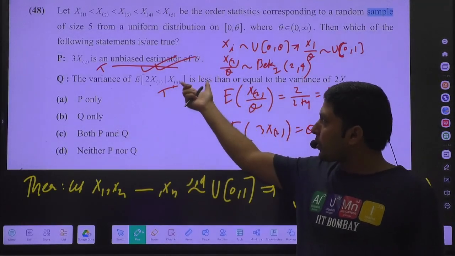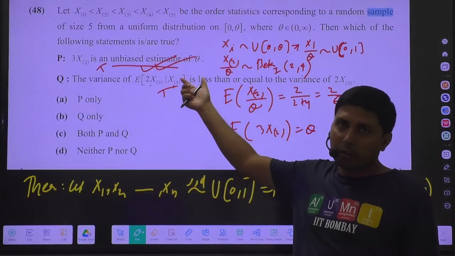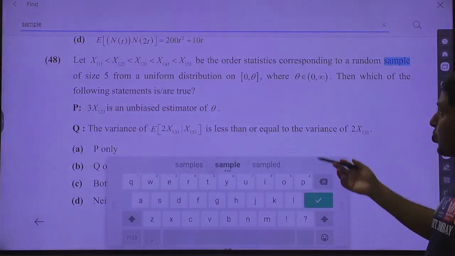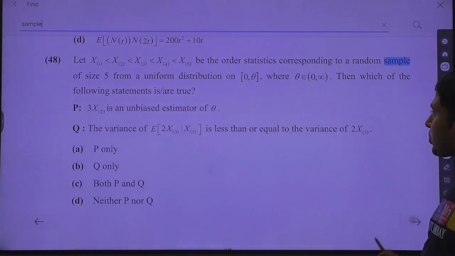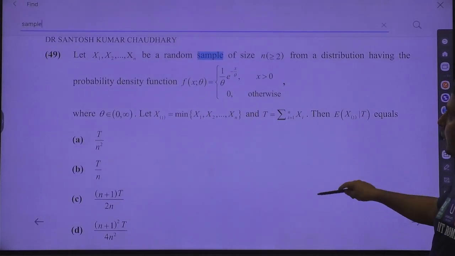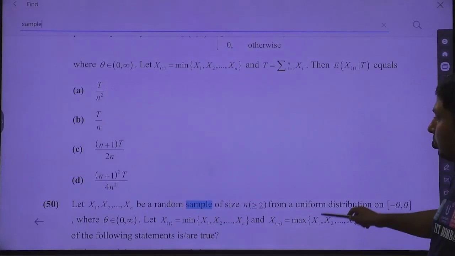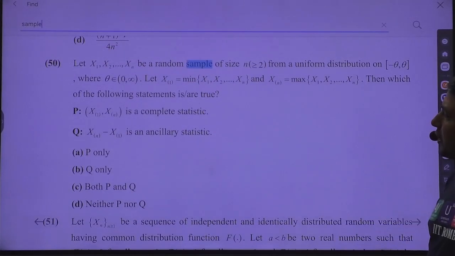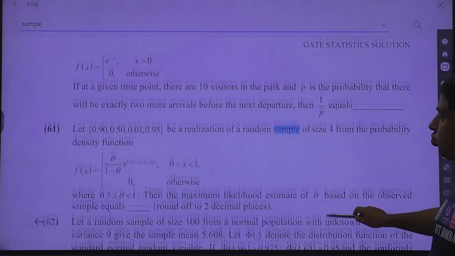To understand this, you need to know the Rao-Blackwell theorem. I tried to use transformation, that's why I started this question. Again, this is the same, based on the Rao-Blackwell theorem. More estimation questions are there in the sample.